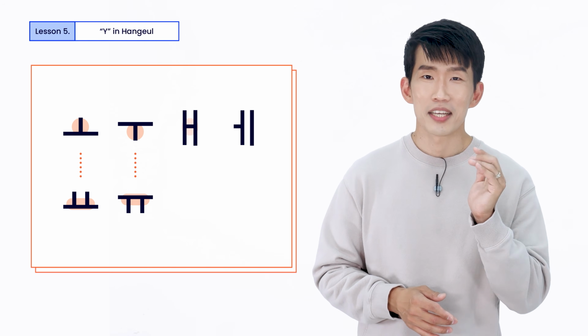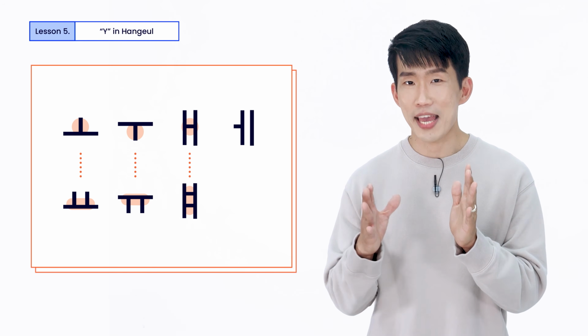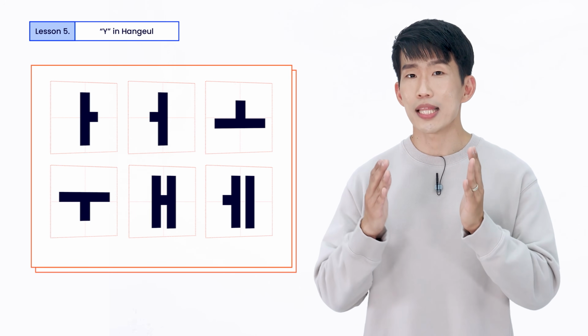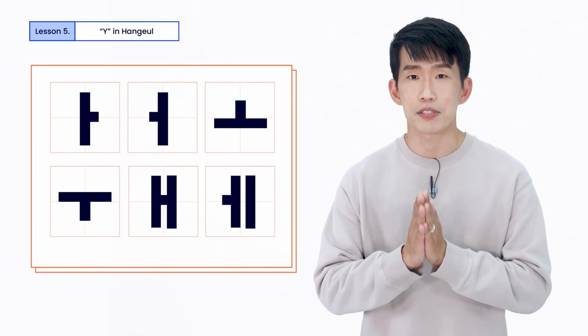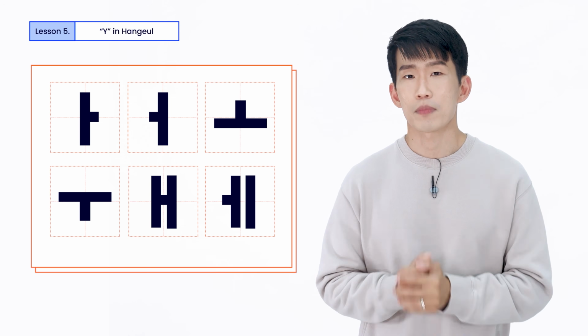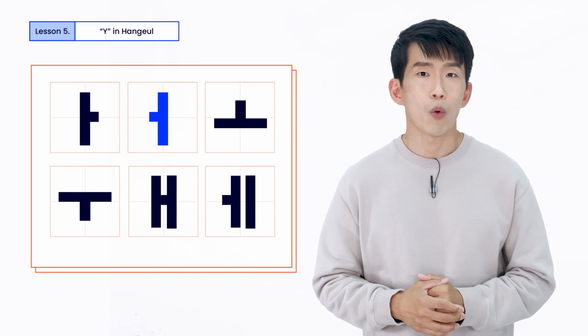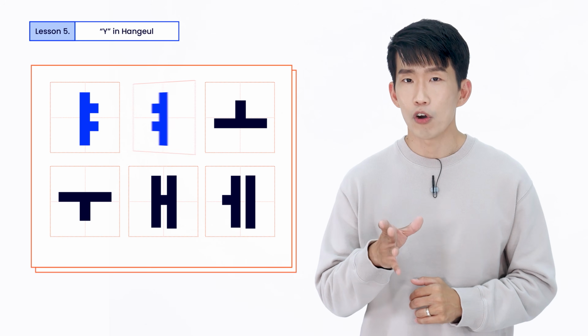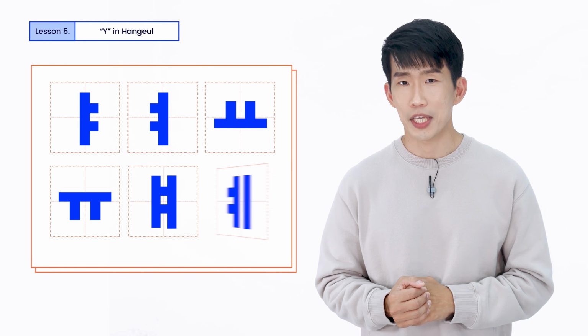U, e, ye. Easy, right? Only these 6 vowels can have this added Y sound. Again, a, o, u, e, ya, yo, yu, ye.